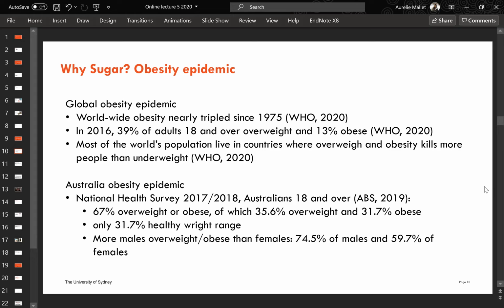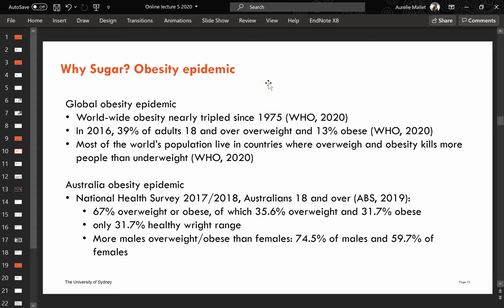If you have a look here at my references, this also gives you an idea of where you can look for your literature review. If I'm looking at things on health, looking at the World Health Organization is a really good way to start, because it's going to give me quite accurate, up-to-date, credible information.